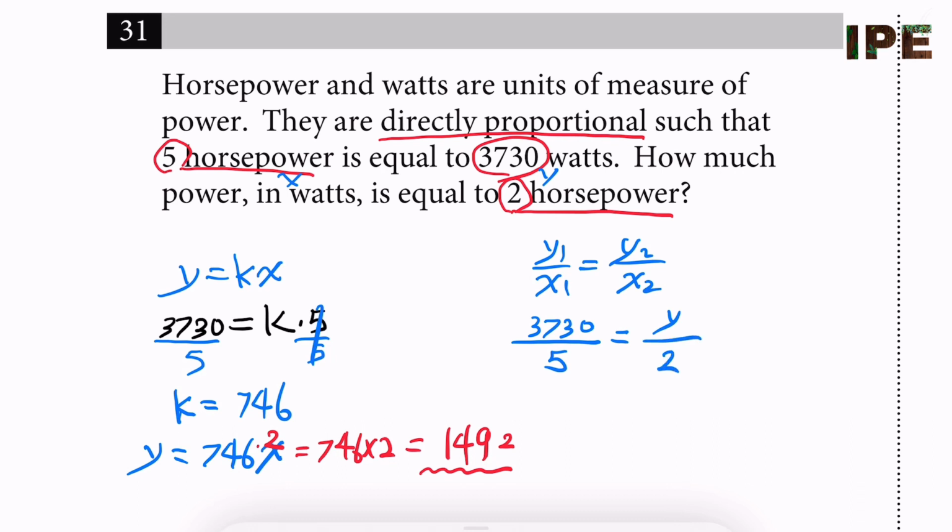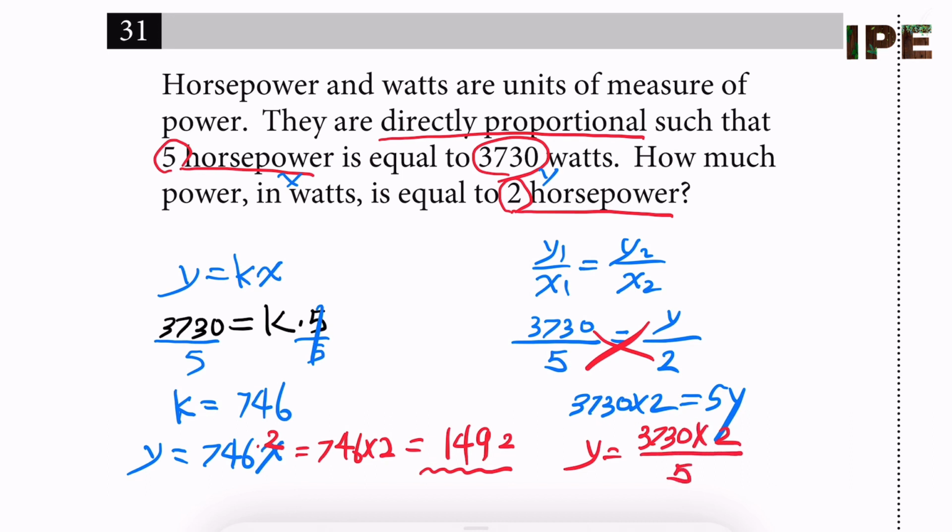So you can do cross multiplying. 3730 times 2 equals 5y. So y is equal to 3730 times 2 divided by 5, which is 746 times 2, so 1492.